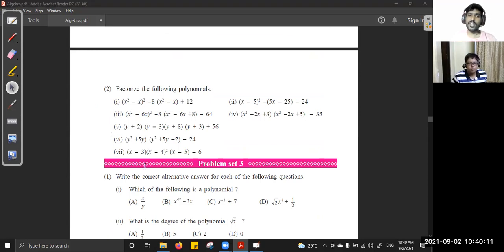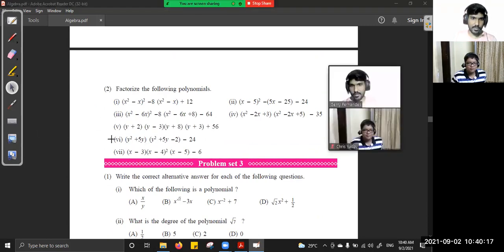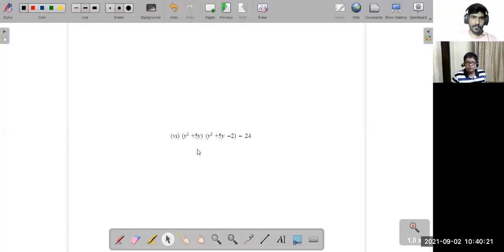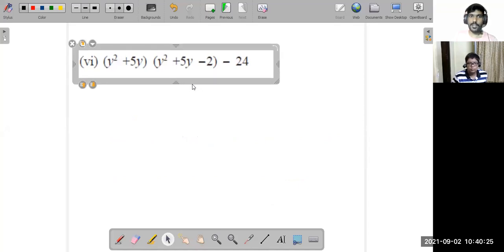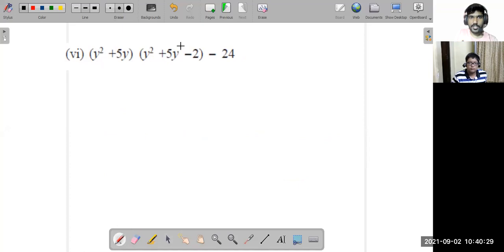Okay, so sixth one is same like the one which we did now. It is y squared plus 5y, y squared plus 5y minus 2. So what you do is, here you separate it like this, and then you substitute y squared plus 5y as some variable p.